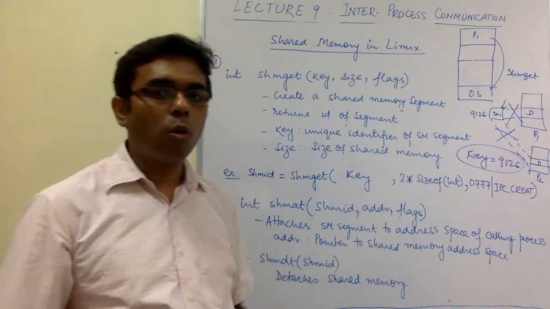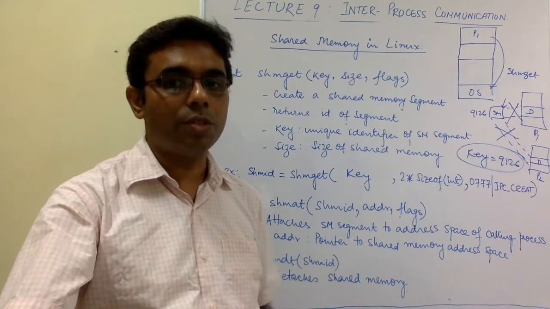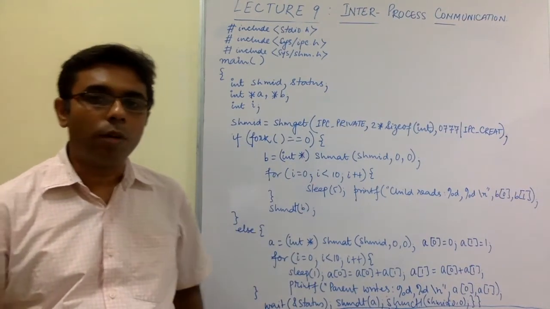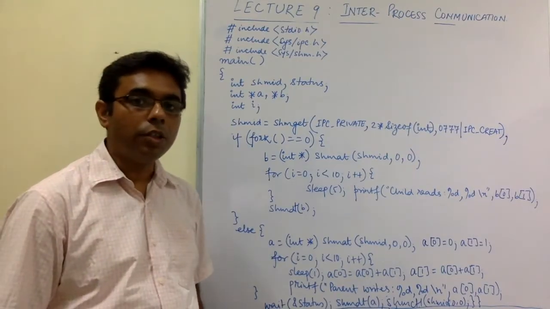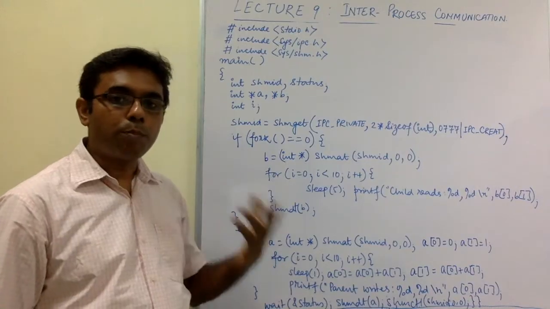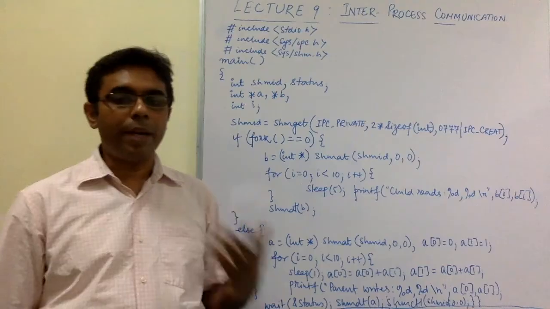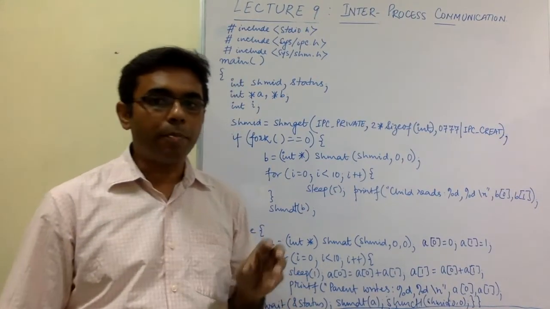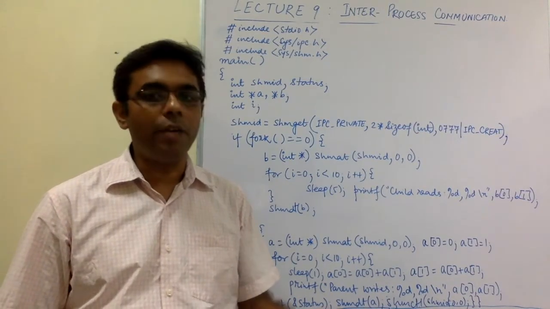Now let's see a code to see the working of these three shared memory system calls. This is a typical example of how we make use of the three system calls in order to work with the shared memory. In this code, a process forks another process, and the parent and the child make use of a shared memory where the parent writes something into the shared memory and the child reads it from there.